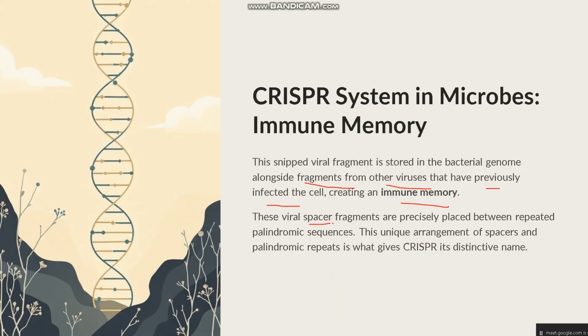The viral spacer fragments are precisely placed between repeated palindromic sequences, and this unique arrangement of spacers and palindromic repeats is what gives CRISPR its distinctive name.